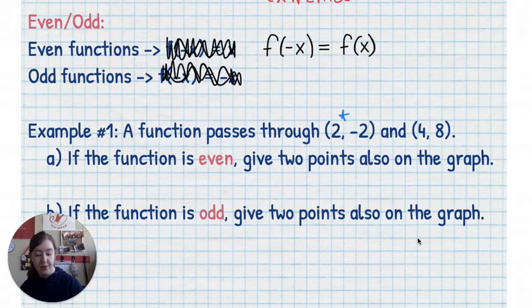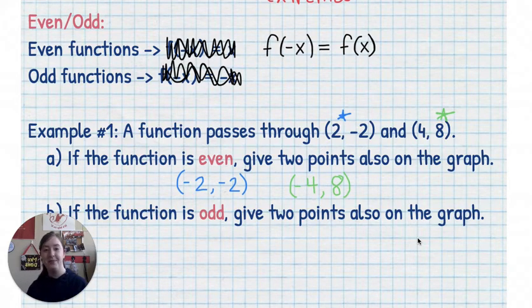So if I'm passing through the point (2, -2), and it's even, that means I can put in the opposite of x. The opposite of +2 is -2, and I'll be left with the same y, also -2. Okay, so we also have this point (4, 8), right? And we're going to say that this guy is even. If he's even, that means that we have the point -4. Remember, I can take the opposite of my x, and my y stays the same. So that will be 8.